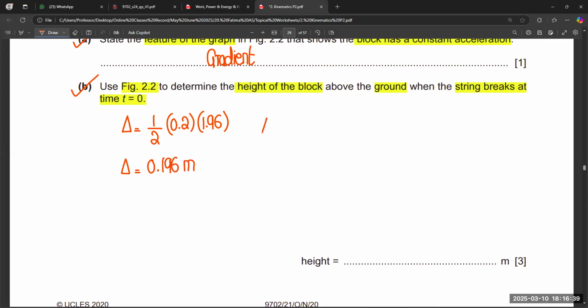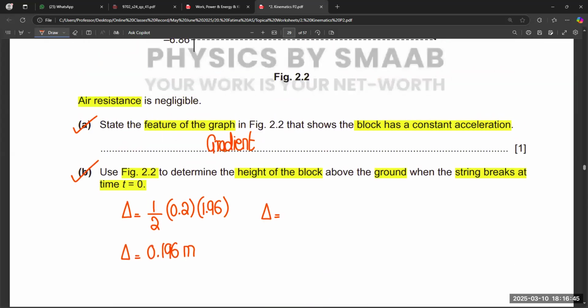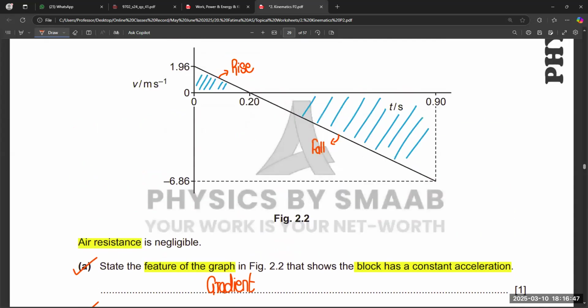And for the second right angle triangle, which starts from 0.2 and ends at 0.9, the horizontal distance is 0.7 and the vertical is 6.86.